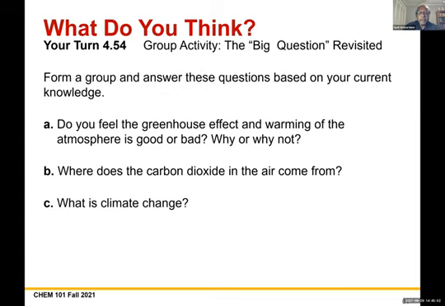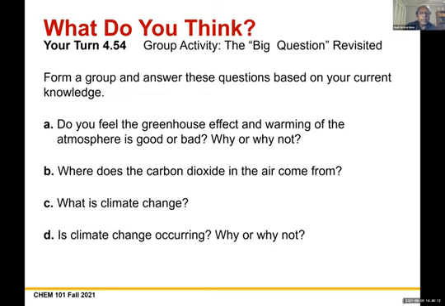So it is mainly global warming, melting of ice, sea level increasing, turbulent weather. They are all reflected in carbon dioxide concentration and the warming of the atmosphere. Is climate change occurring?